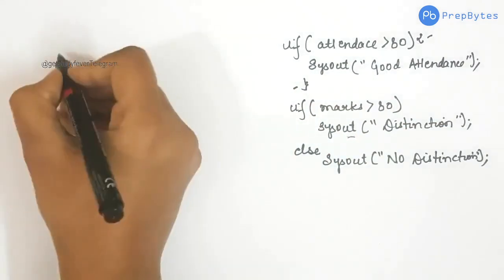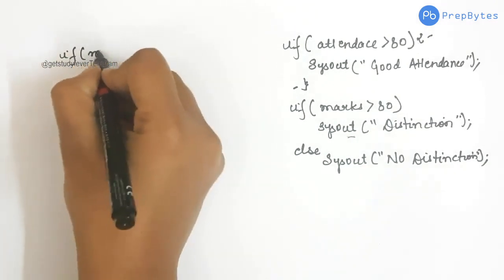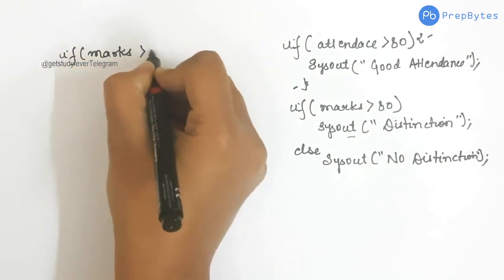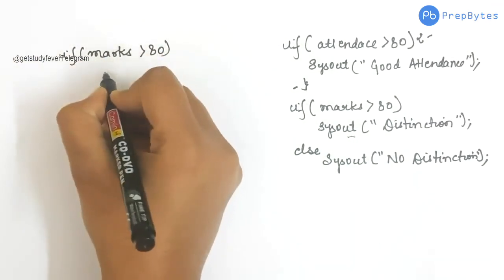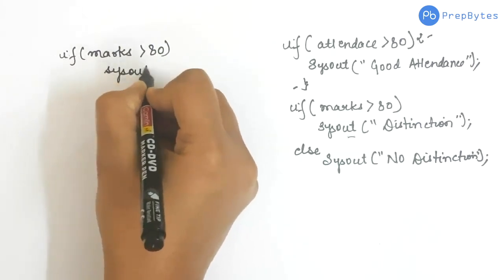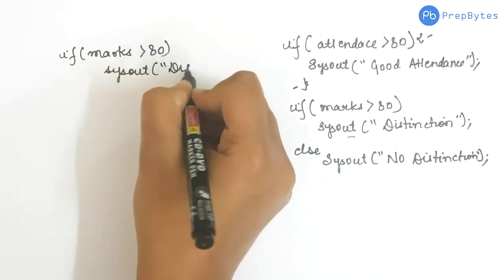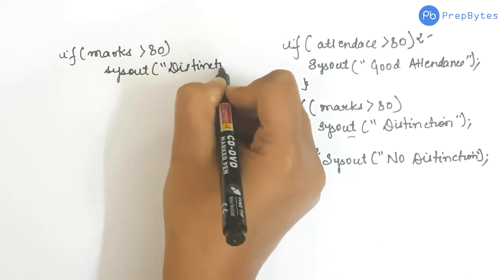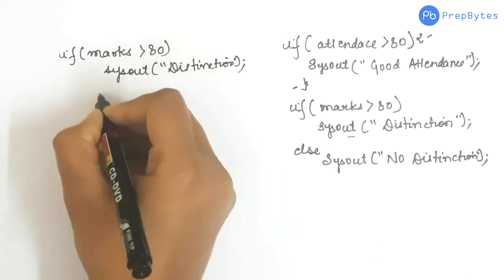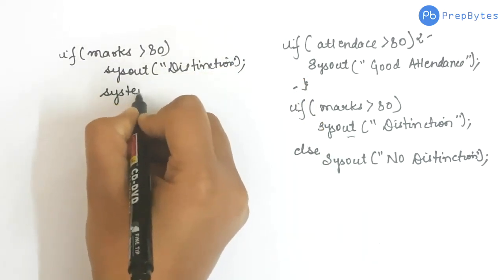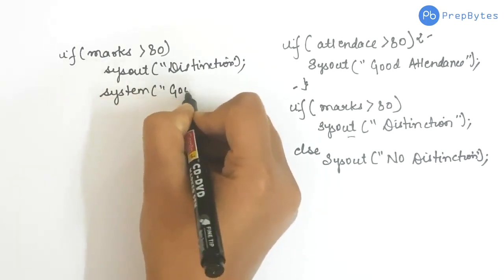So if I write something like this, if marks greater than 80, sysout distinction, sysout good marks.